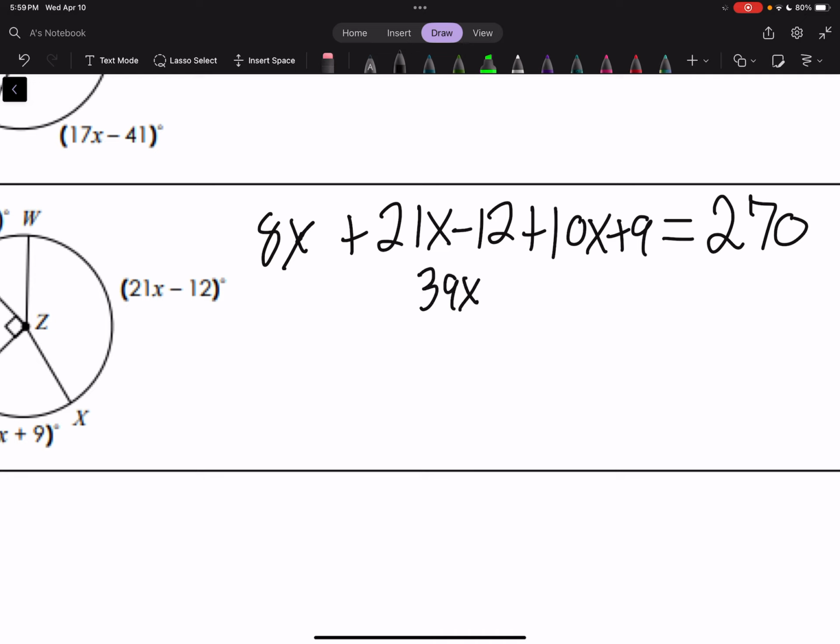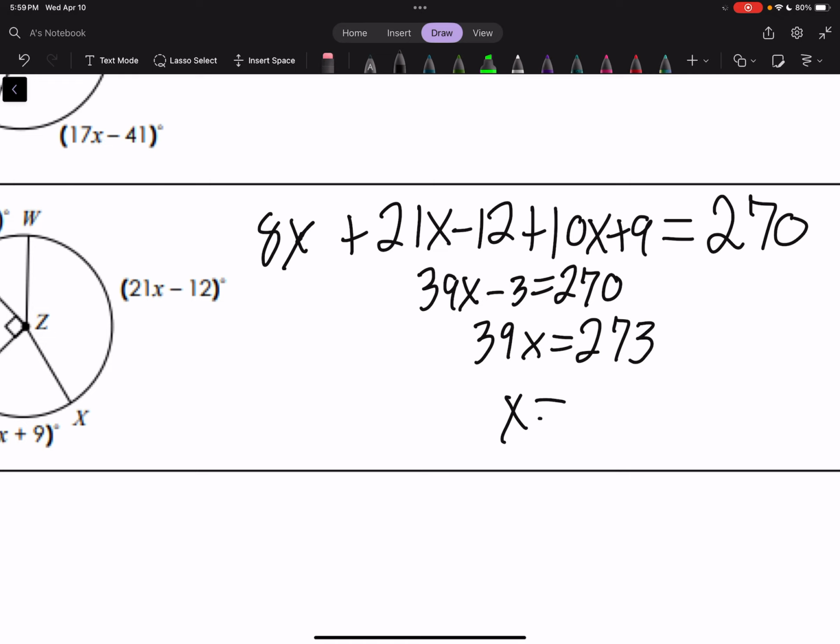If I combine my negative 12 and my positive 9, I get minus 3. It's equal to 270. Therefore, 39x is going to be equal to 273. Therefore, x is equal to 7.